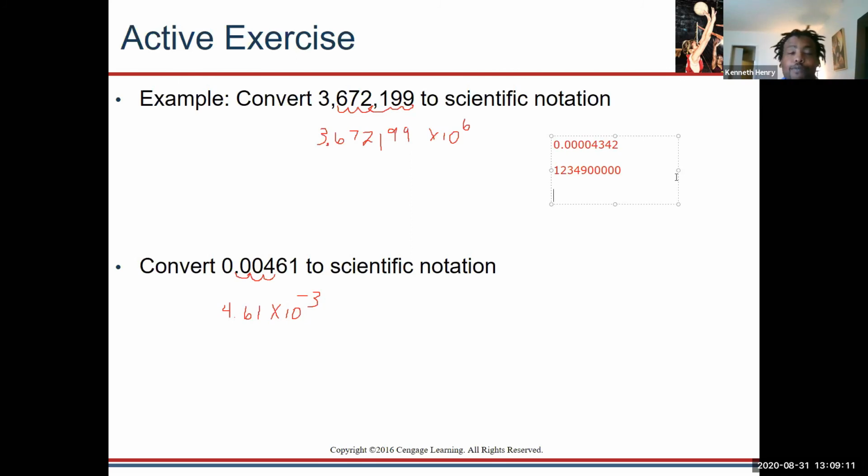Okay, so I did the first one. Who's going to help me out with one of these? Let's see, Aaliyah? You want to do the first one? And Alexandria, do you want to do the second one?